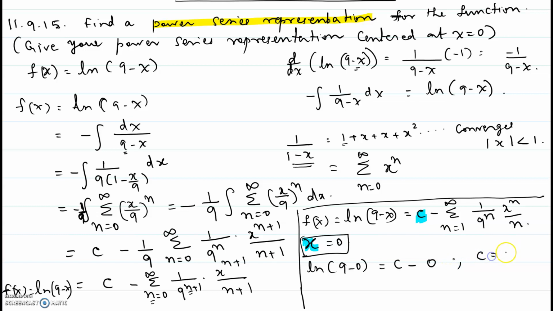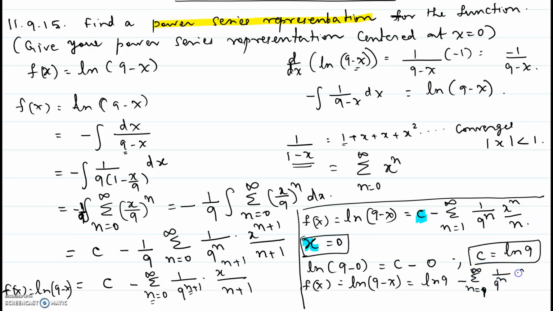So the constant of integration is just ln of 9. So the series becomes f of x, which is equal to ln of 9 minus x, equal to c, which is ln 9, minus sigma n varying from 1 through infinity, 1 over 9 to the n times x to the power n over n.